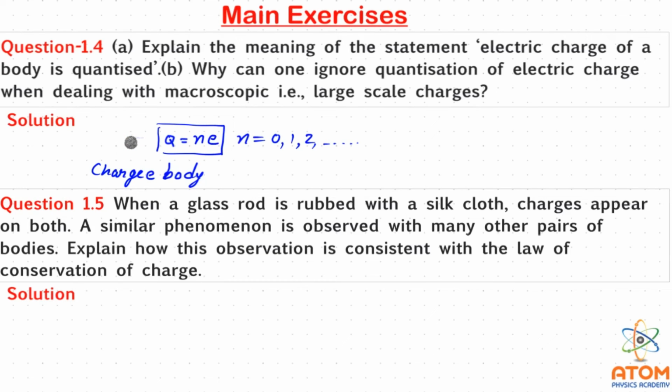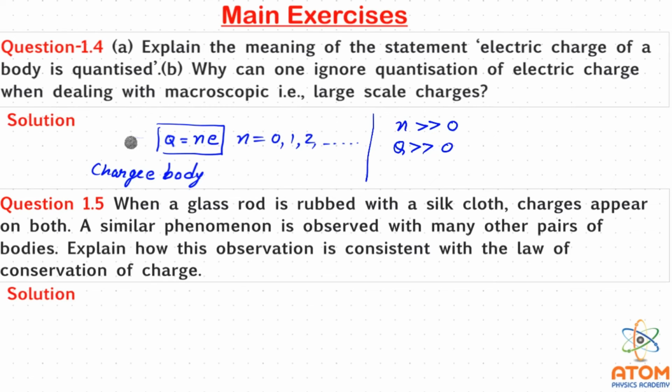So the point is that when we discuss large scale charges, let's say a whole big macroscopic object having charge, then this number n will be very, very high. This n will be very much greater than 0, meaning it will be a very large number, and in that case this charge Q will also be very much greater than 0, a very large number.